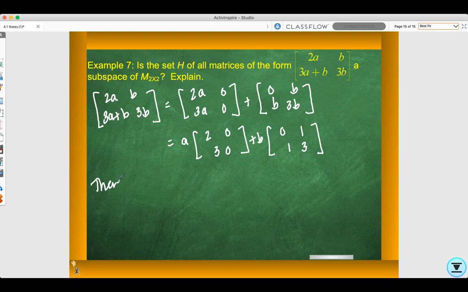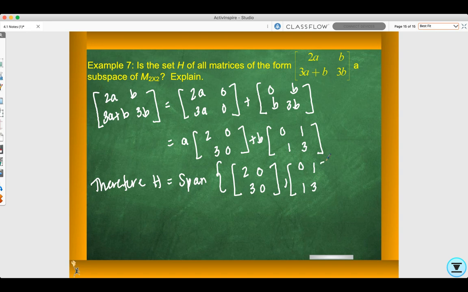So therefore, H equals span of [2, 0; 3, 0] and [0, 1; 1, 3].